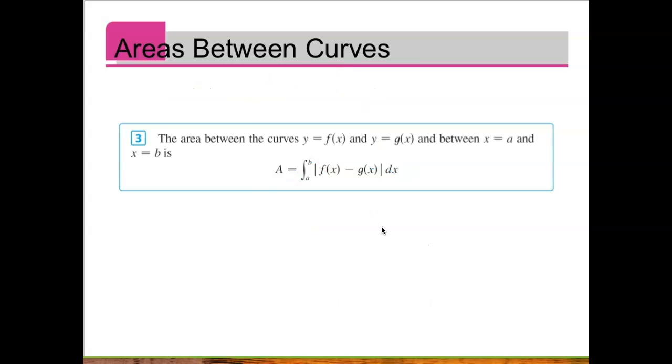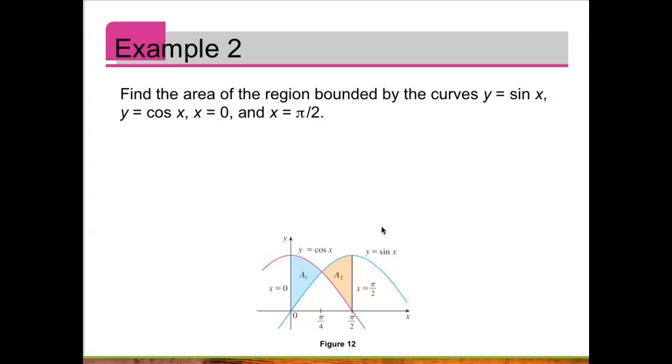All right. Let's do it with this one. So I'm looking at the curves y equals sine x and y equals cosine x between 0 and pi over 2. Now you're given a diagram, which I kind of wish wasn't there, but we'll talk about how to do that.